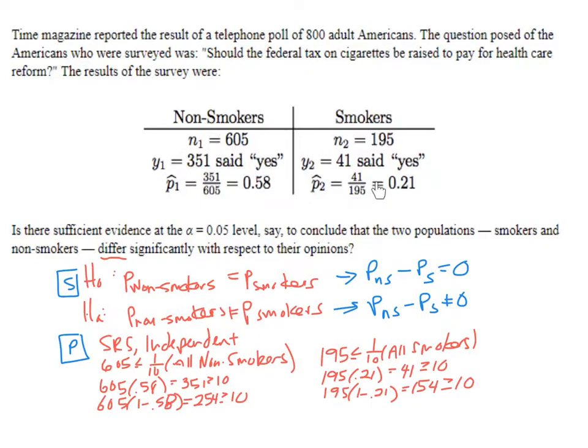So just because 351 non-smokers said yes, that's independent of what the smokers said. So they're independent. I did the 10% rule, np and n times 1 minus p for both. It all checks out.